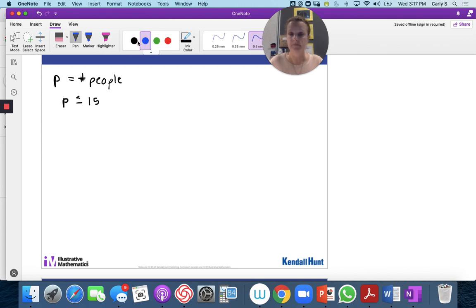All right, now let's do A equals the number of adults, and C equals the number of children. We could say that A plus C must be less than or equal to 15.